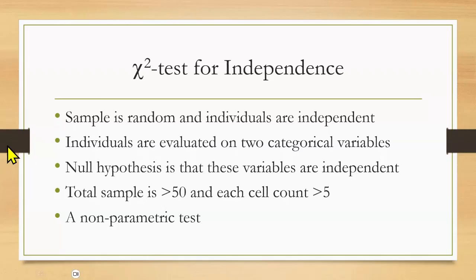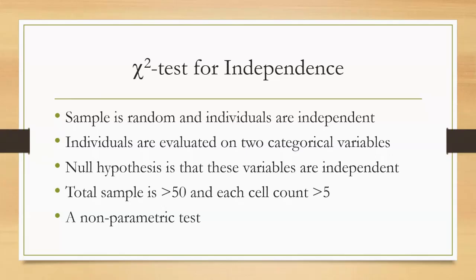We're going to evaluate each individual on two categorical variables. So we're going to look at them and say they are brown versus blue, or they are one particular species or a different species. And then we're going to look at another variable.